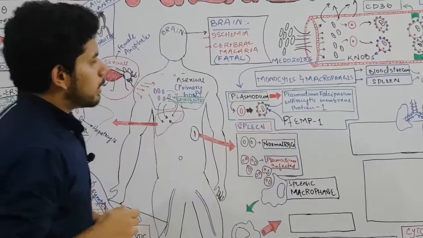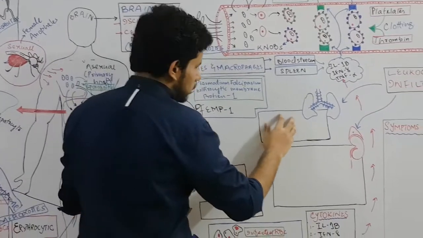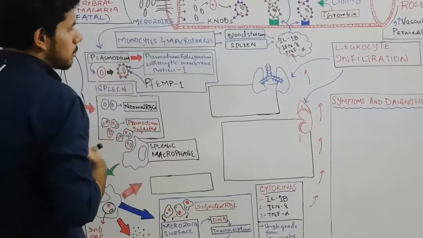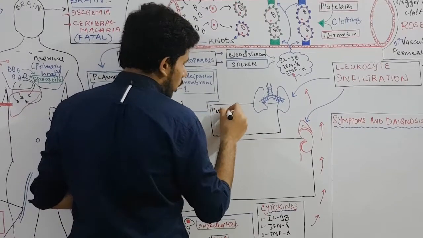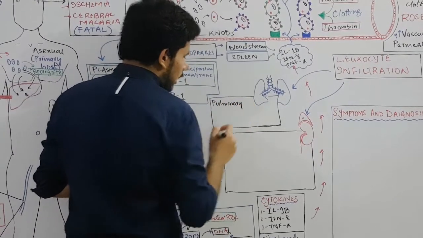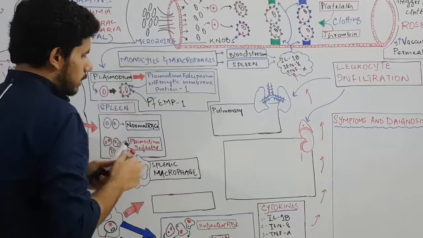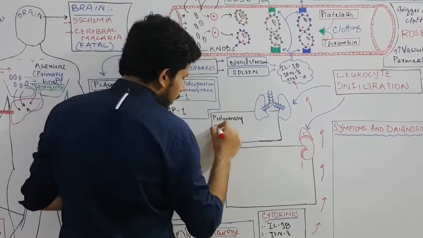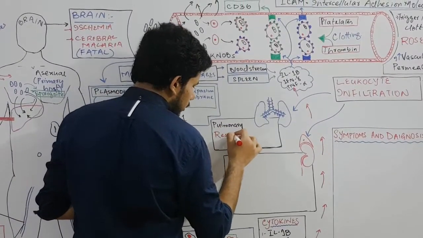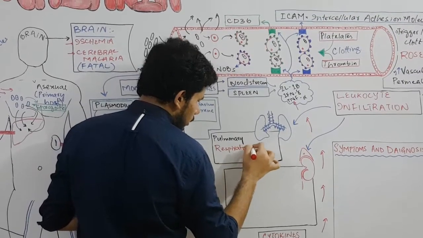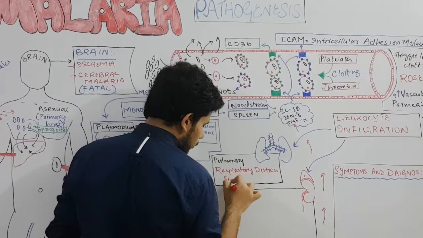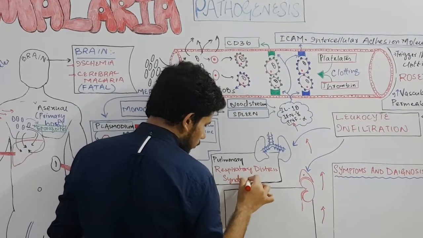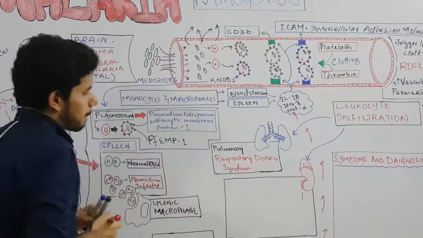Now, after brain, we see the pulmonary system. In pulmonary system, the clotting of vessels, the forming of clots, can cause many different types of complications, in which respiratory distress syndrome is very common.